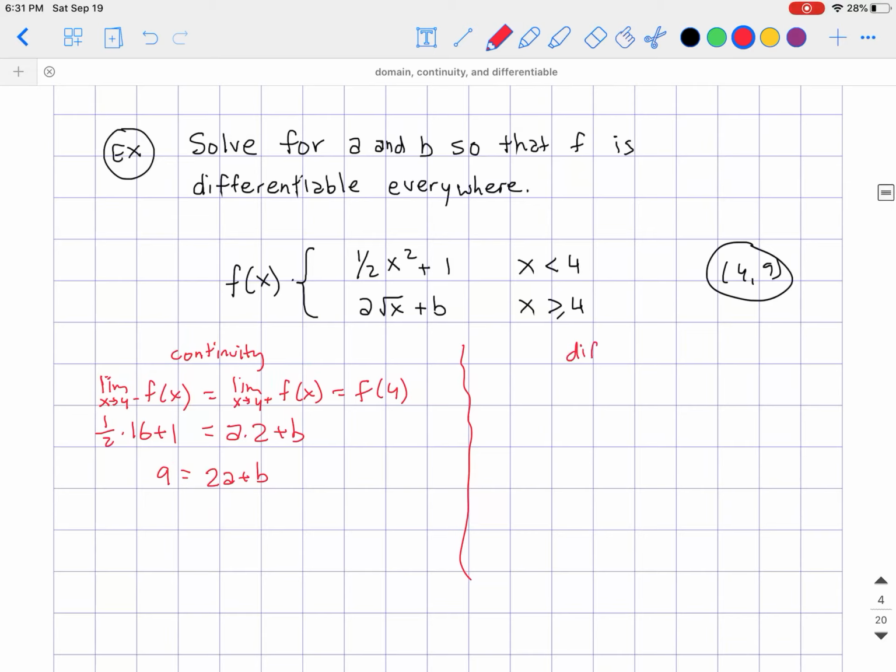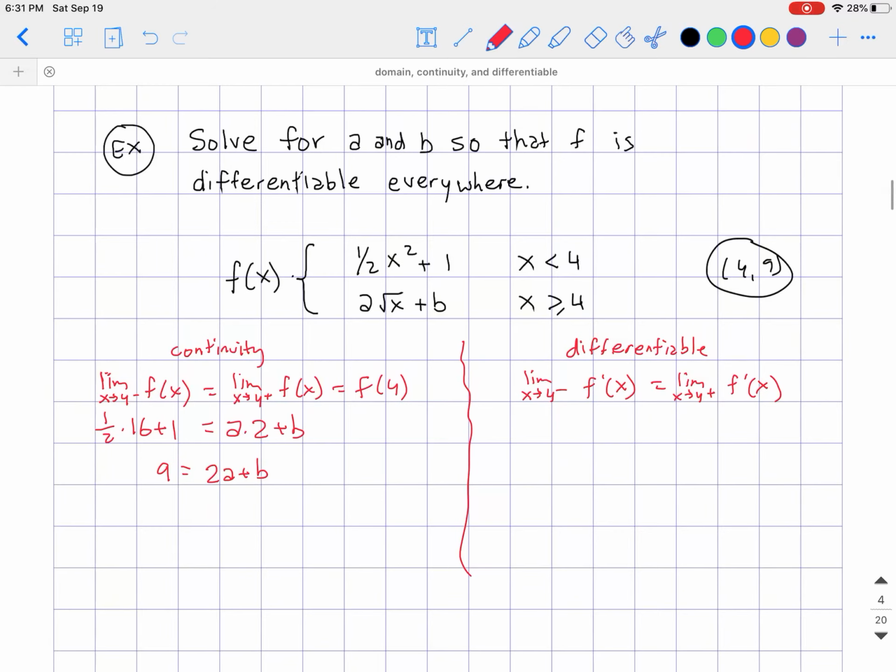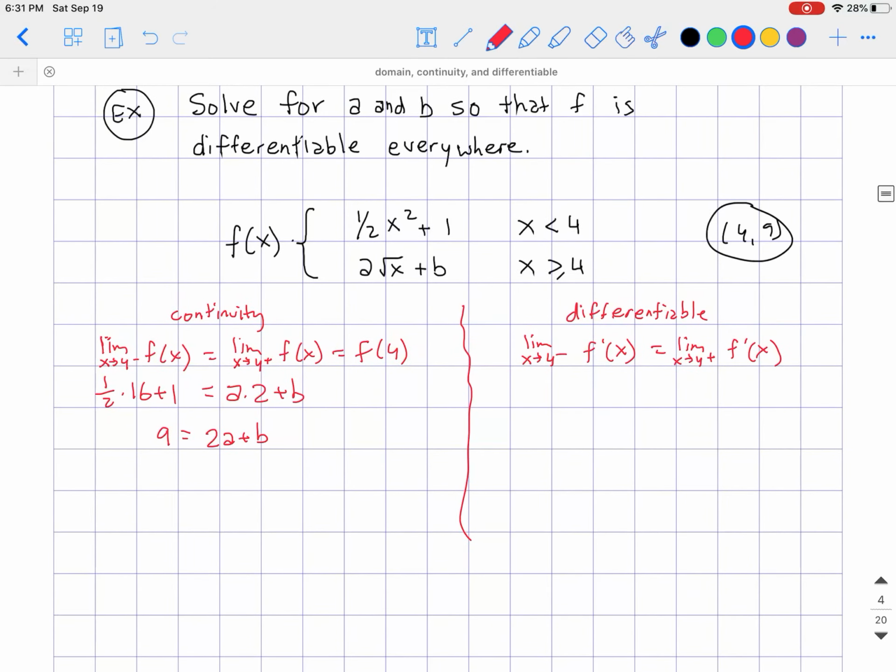Now we're going to look at the differentiability. We have to make sure that it's differentiable at x equals 4. So that means the limit as x approaches 4 from the left of f prime of x should be equal to the limit as x approaches 4 from the right of f prime of x, meaning that their derivatives have to be the same from the left as from the right. So let's solve for the derivative of each one of these.